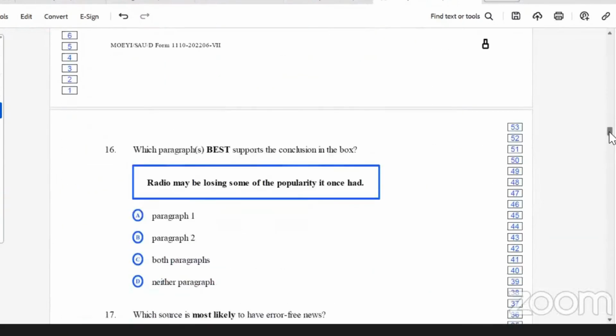And so the question, radio may be losing some of its popularity. I think that would be the second paragraph that tells us now about the new options that are being presented. So my answer for question 16 would be D. Sorry, B. Correct answer, I did circle it. The answer is B.